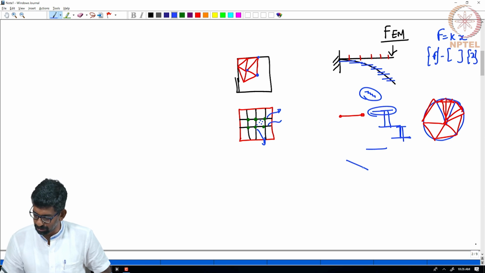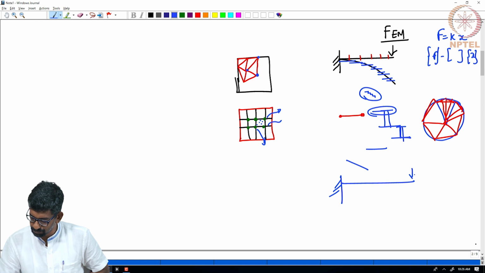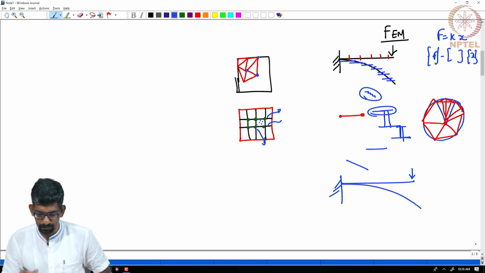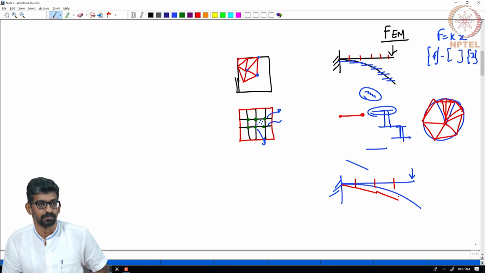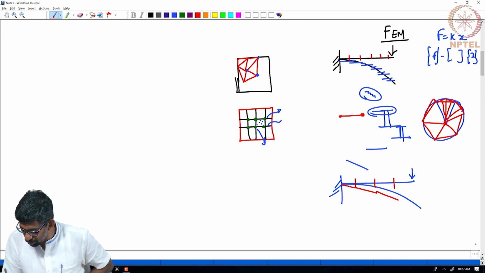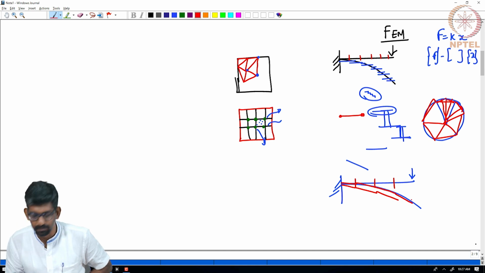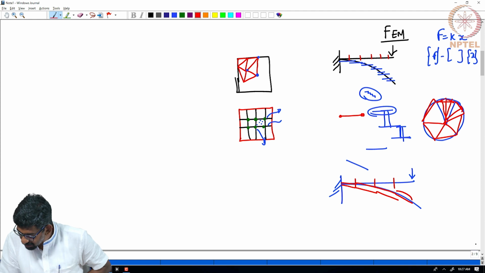So, now I am going to redraw that guy here. So, what it means is I can do this. Actually speaking, I should draw on top of it so that you understand. Still I might have this issue.